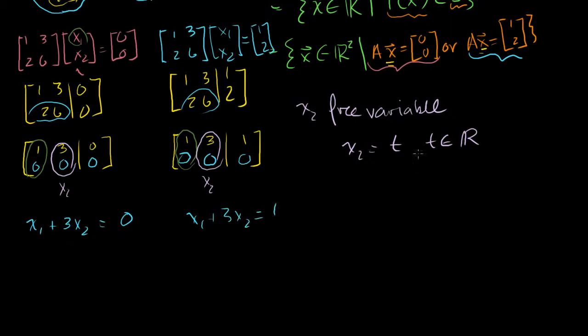And so if we say x2 is equal to t, this equation becomes x1 plus 3t is equal to 0. Subtract 3t from both sides. You get x1 is equal to minus 3t. And then in this equation, if we substitute x2 with t, x1 is equal to 1 minus 3t.